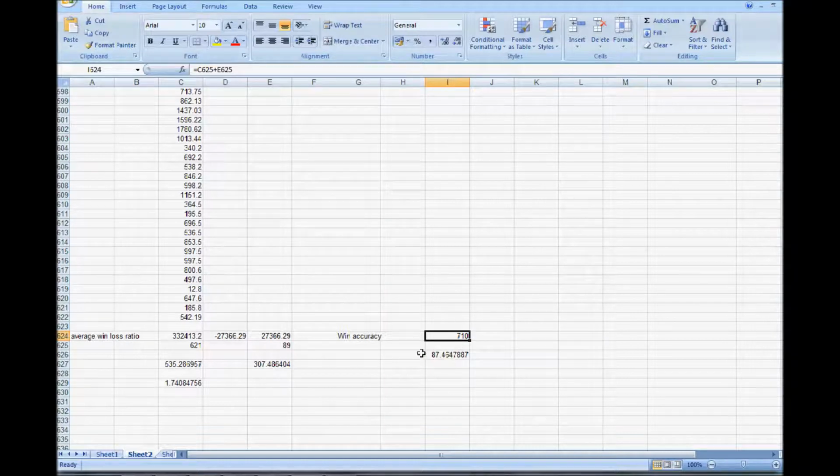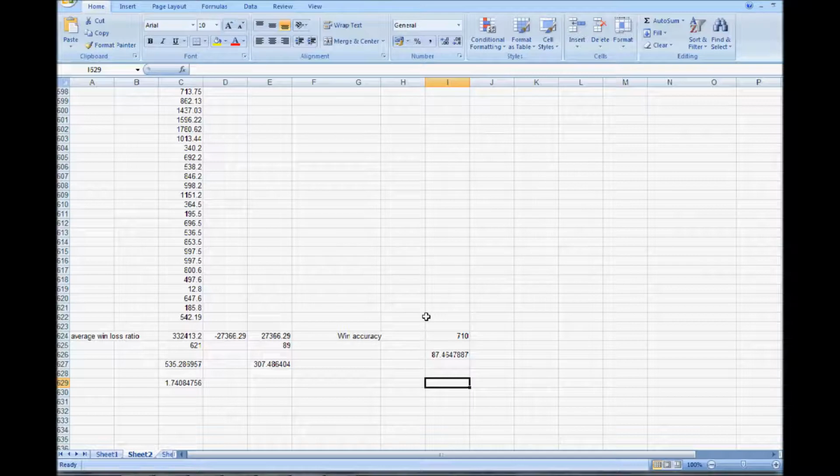And to work out the winning accuracy, remember this is our win column here, all I've done is this column divided by the total number of trades times 100, and that just works it out into a percentage. So that's given me my 87%. So as long as you follow these formulas and you can pop them into your spreadsheet, it'll all work fine for you. And again, this is just for recording your trades.